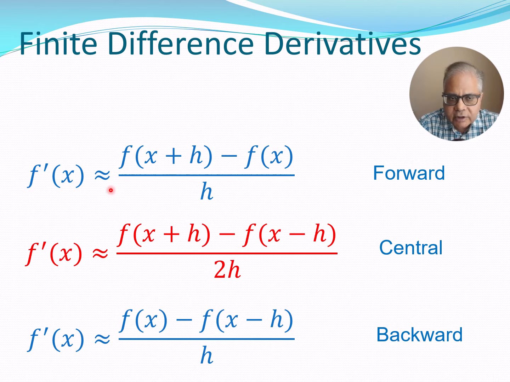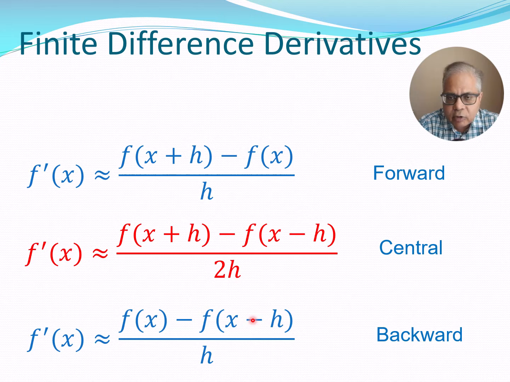Now of course you can see the forward difference and the backward difference are simple representations. You can obtain all these from Taylor series, and the central difference formula is somewhat more complex, but it is also a more accurate formula. Now, presuming that you know the function value at f of x, in forward difference and backward difference, you need to perturb this x in the positive or the negative direction.